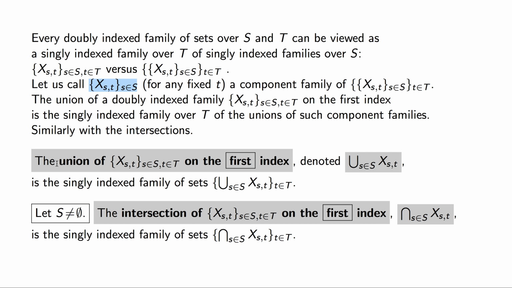So with this in mind, the union of a doubly indexed family X sub st with s in capital S and t in capital T, the union on the first index, is denoted in this way, and it is obtained by taking unions of singly indexed families for any fixed value of t.